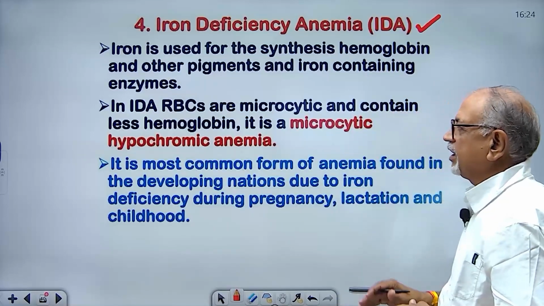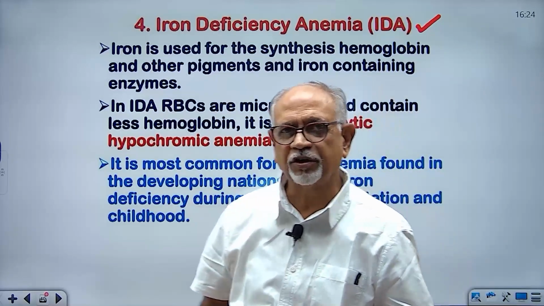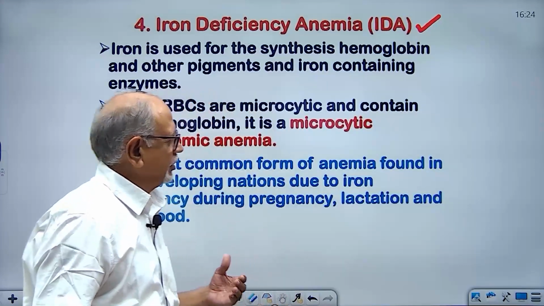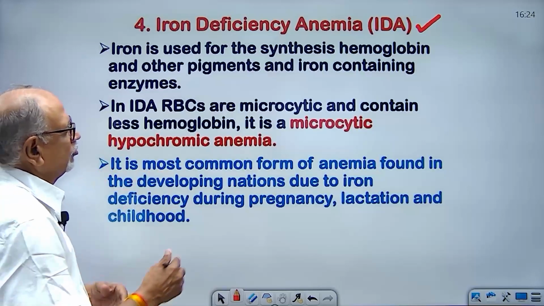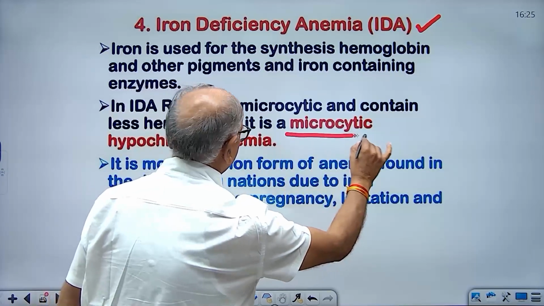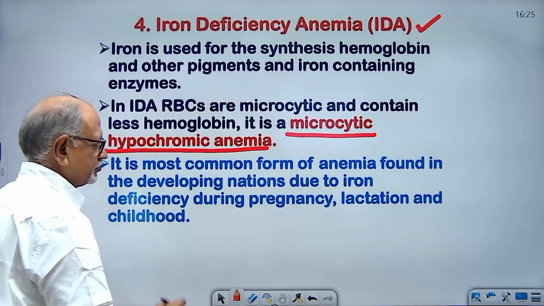In IDA, RBCs may become microcytic and they may contain less amount of hemoglobin, therefore, it is called microcytic hypochromic anemia.